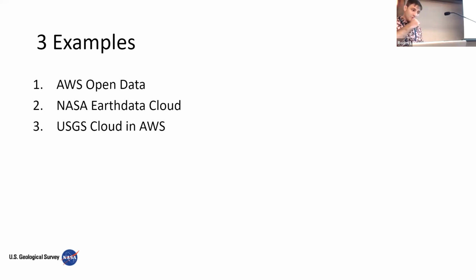There's three examples here, and there are probably multiple more out there that I'm not addressing. These were just in my orbit when I started playing around with COG files. We have three examples of bucket policies, I think is the right term: AWS Open Data, the way NASA Earthdata Cloud works, and the way USGS in AWS has set things up.